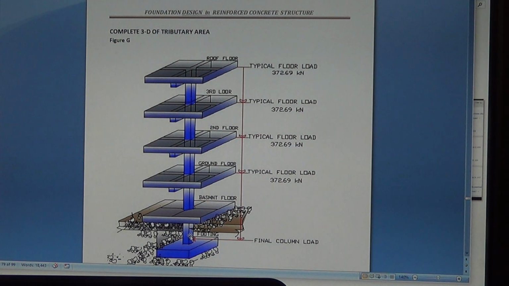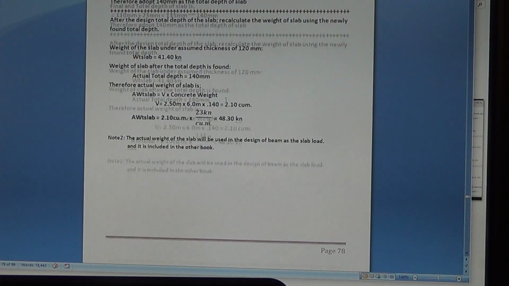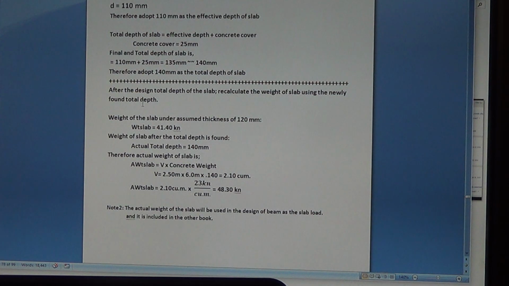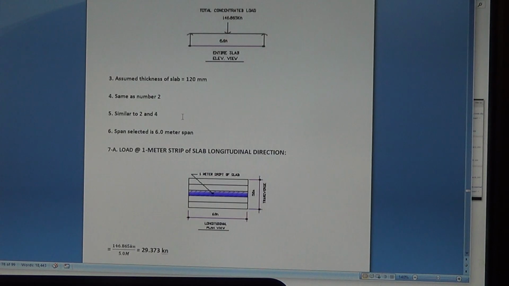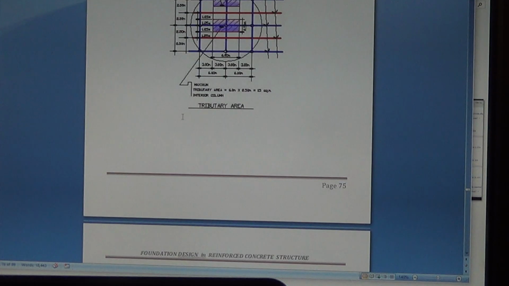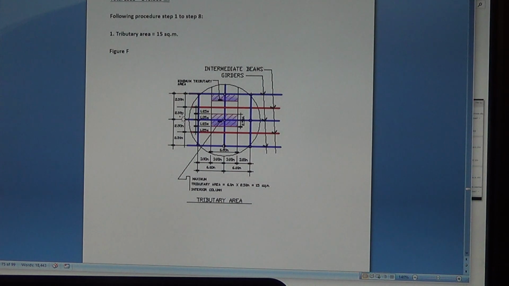This is the largest of all these columns here, according to my design. Here are calculations right there. This is the design of the slab. I included the slab here so you can see how important the preliminary design is and how the preliminary design process is done. Okay, this is the tributary area, intermediate beam.